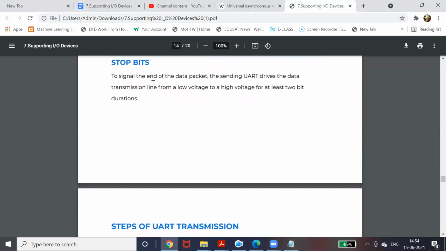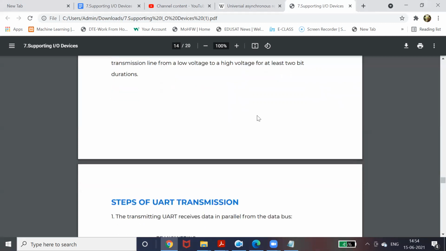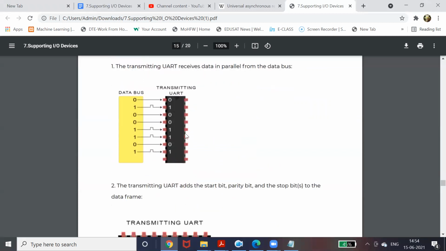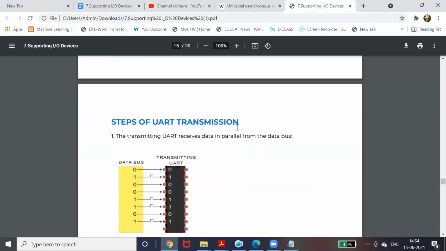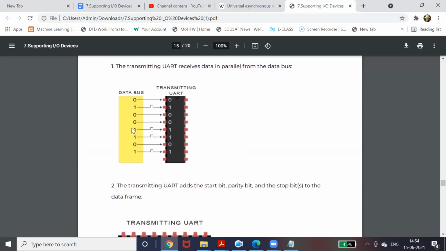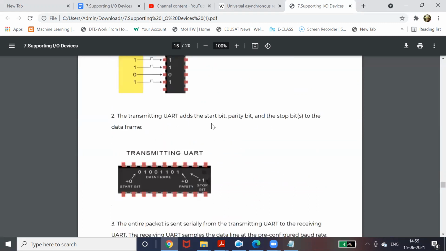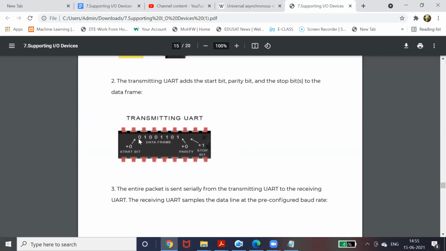Stop bit indicates the end of the data packet. So this is the end, and the line will be converted again from low voltage to high voltage to indicate it. Now see here, the steps for UART transmission. First, this is the data bus transmitting UART. Now add the start bit 0.